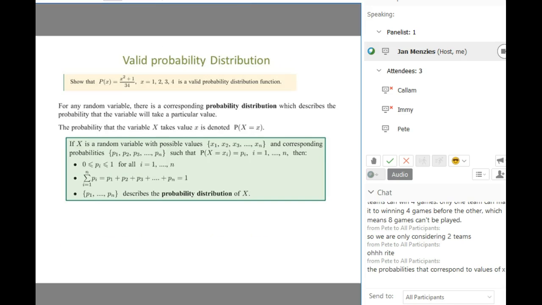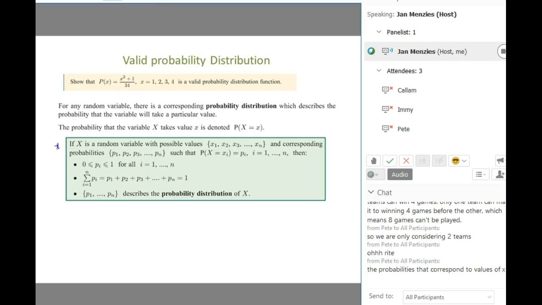Now, earlier on, I mentioned some things about valid distributions. If you look in the green box, is Callum or Pete willing to read out the first sentence? It means that you need to understand what the notation is saying. All right, let me have a shot then.